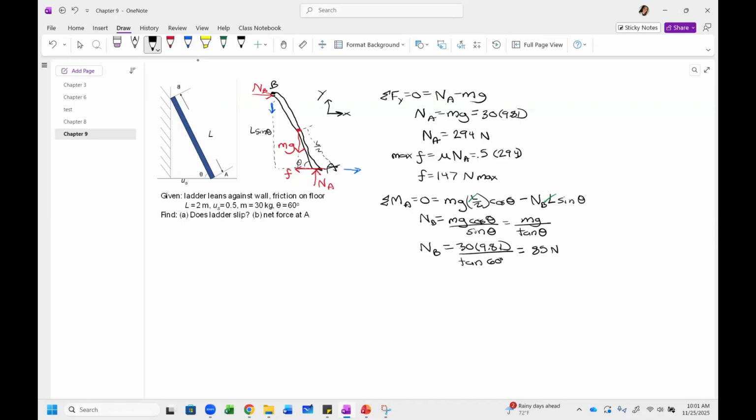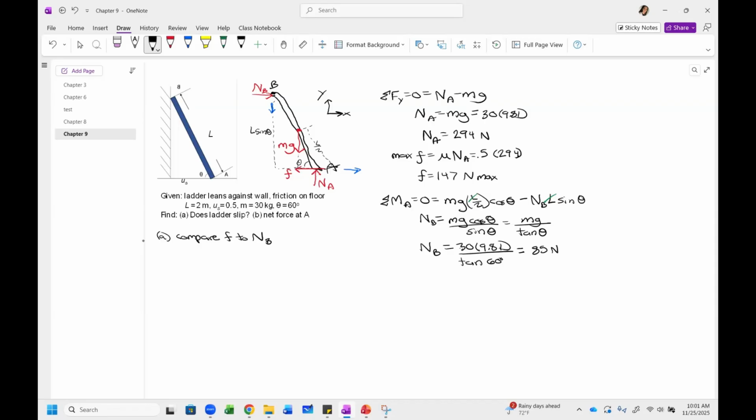Okay, so we've got the normal force at B, we've got our max friction force, and we've got the normal force at A. In order to find does the ladder slip, we have to compare friction to normal force at B. Basically, is the friction large enough to counteract that normal force at B and hold the ladder in place?